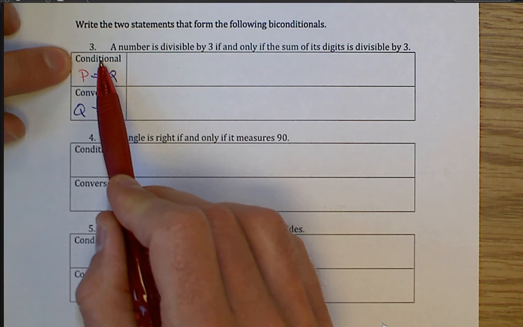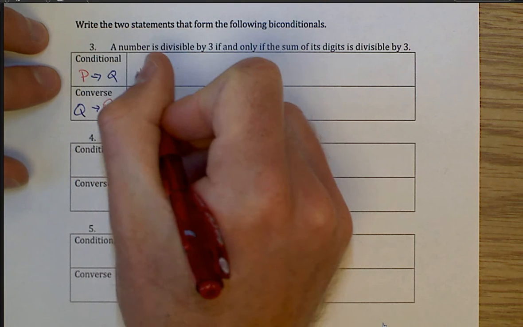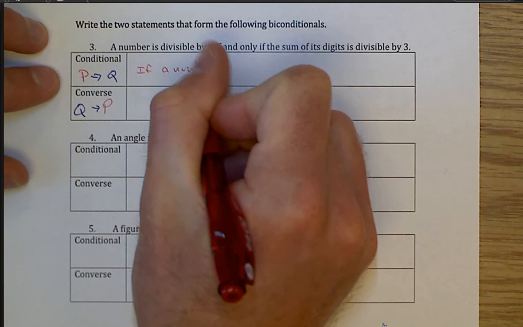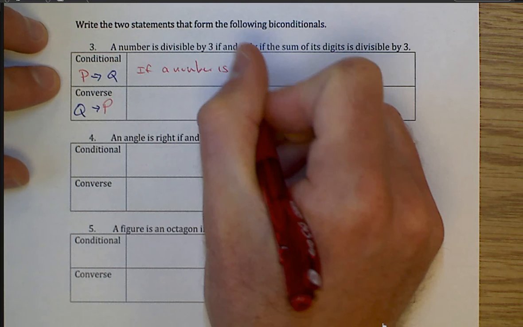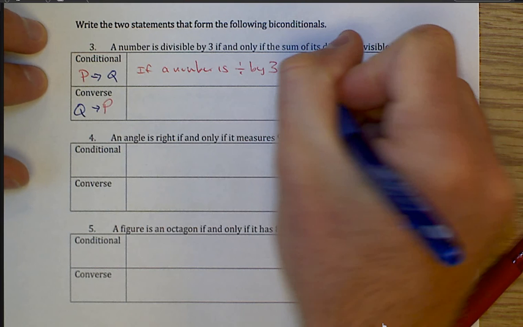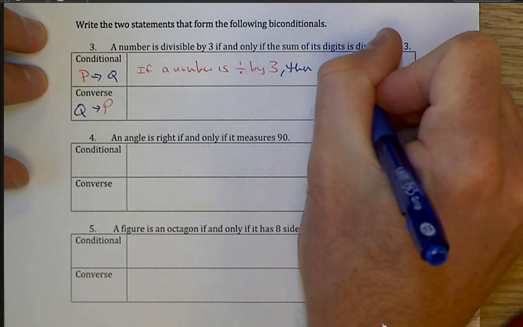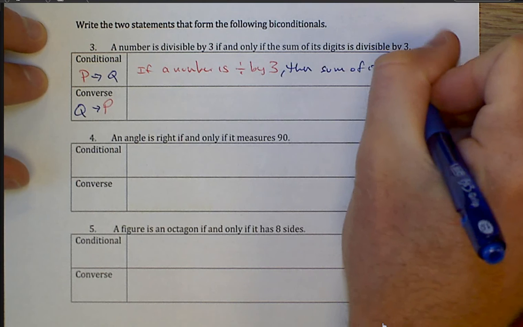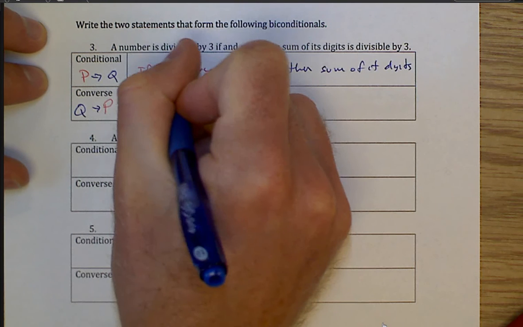So this is going to be: if a number is divisible by 3, then the sum of its digits is divisible by 3.